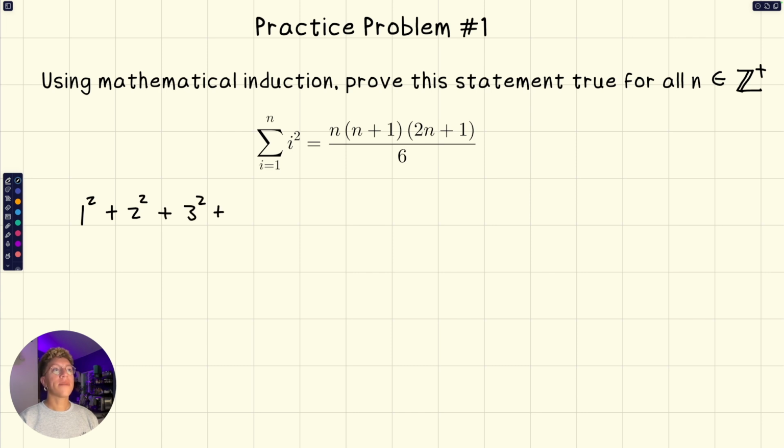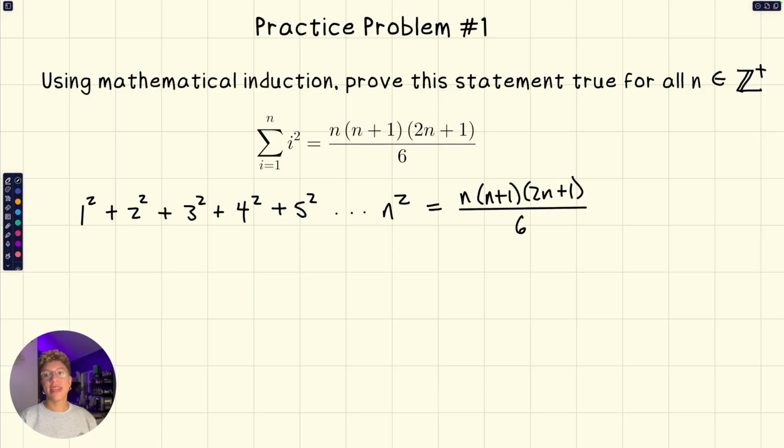So what we see here is that we're doing the sum of squares, or the sum of all the squares, and we're saying that the sum of all the squares up to the nth square is equal to this formula, n times n plus 1 times 2n plus 1, all over 6, like that. So that's it in expanded form.